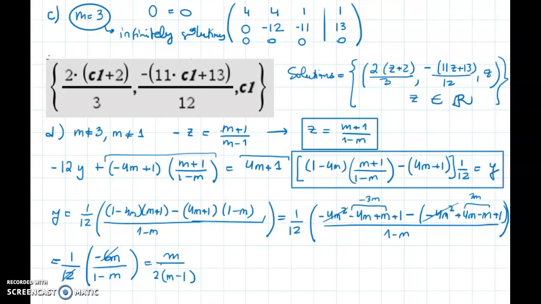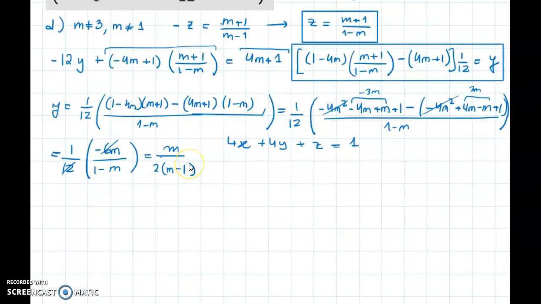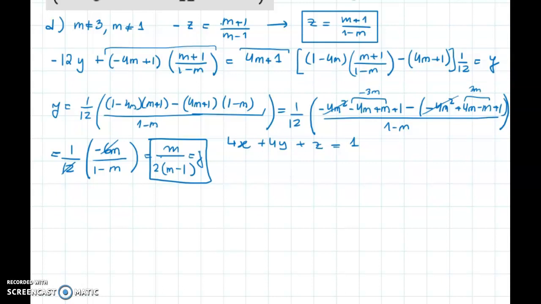To move on, I'll write here what the first row says, so we can substitute for x. So 4x plus 4y plus z has to be equal to 1. I have the value of y and z, so I want to find the value of x with a little bit more space. And just note that this is actually the value of y that I want to work with, and not the unsimplified one that I found before.